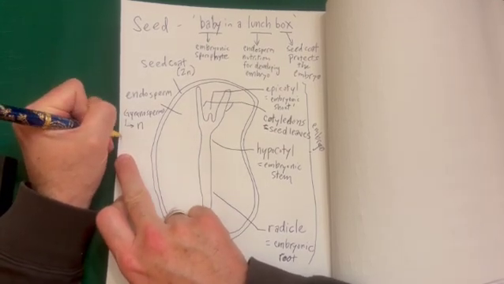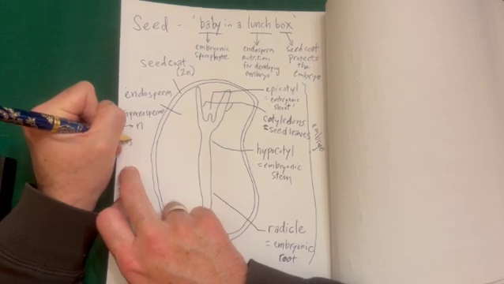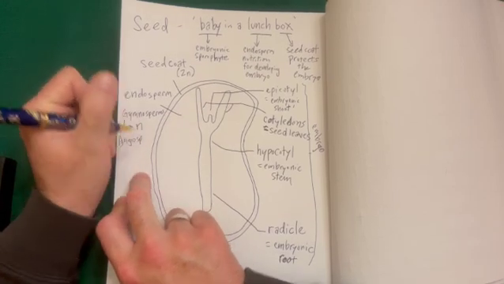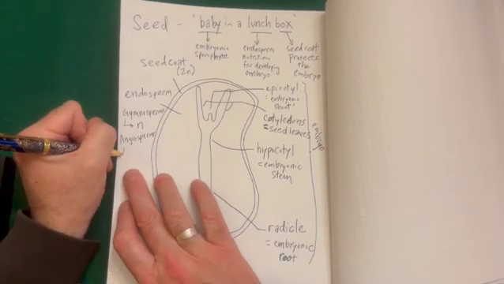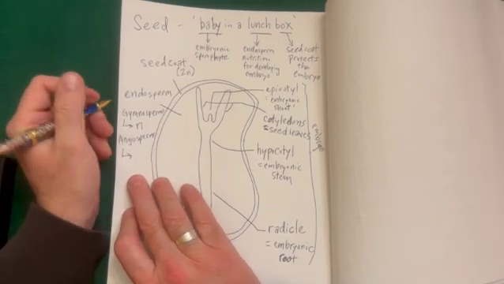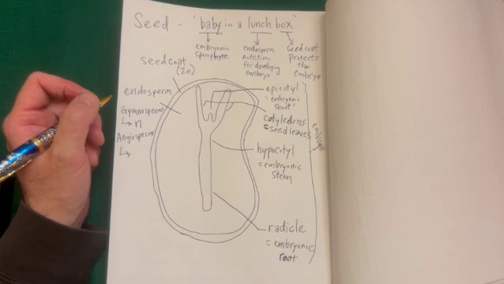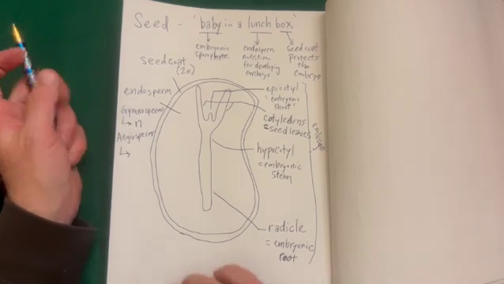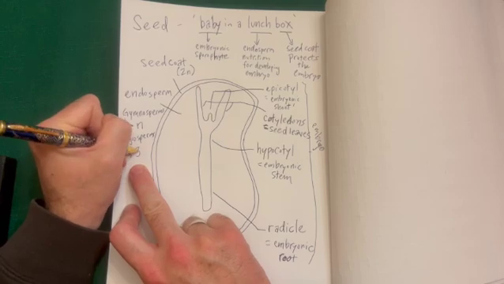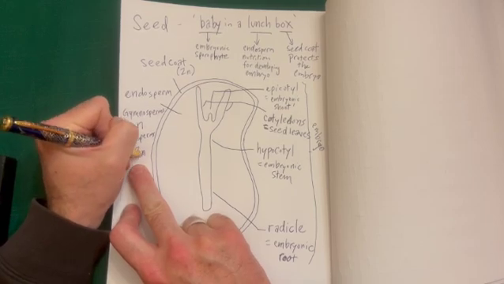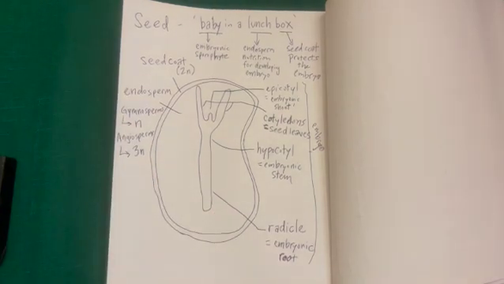But in angiosperms, flowering plants, for reasons that I will draw for you when I draw the life cycle of angiosperms, not one, not two, but 3N.